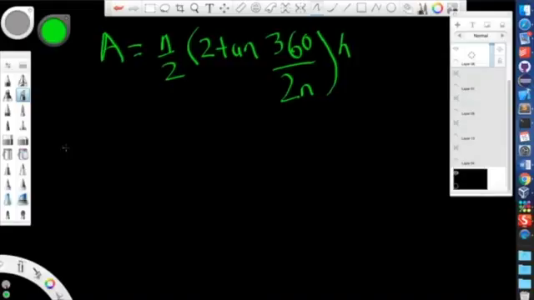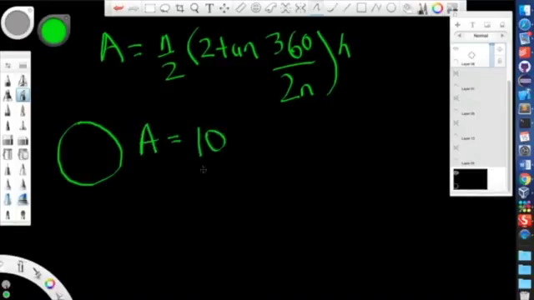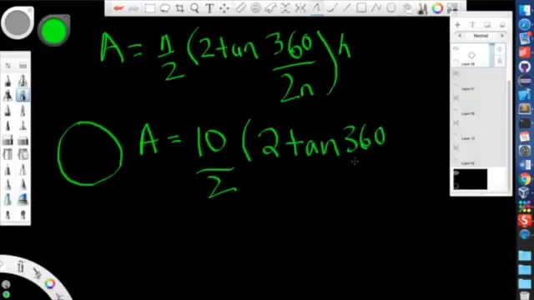Let's pretend we're using a circle made up of 10 triangles. I'm not going to draw that out again. A equals 10 over 2 times 2 tan 360 over 2 times 10.